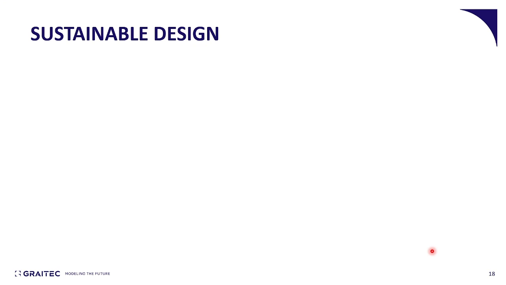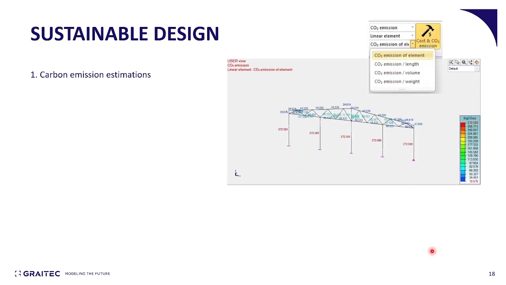Last but not least, the sustainable design. Advanced Design supports sustainable design. We have a carbon emission estimation tool. The user can get the carbon dioxide emission on an element, per length, per volume. Here is a typical example for a steel frame.